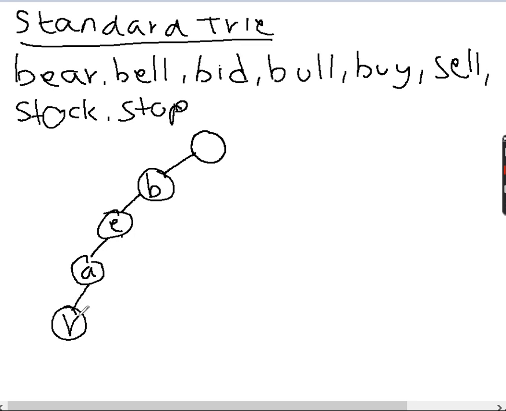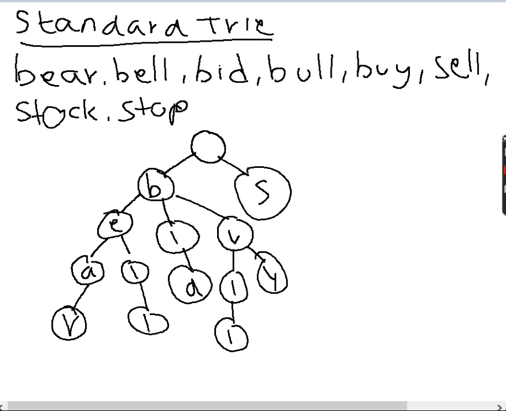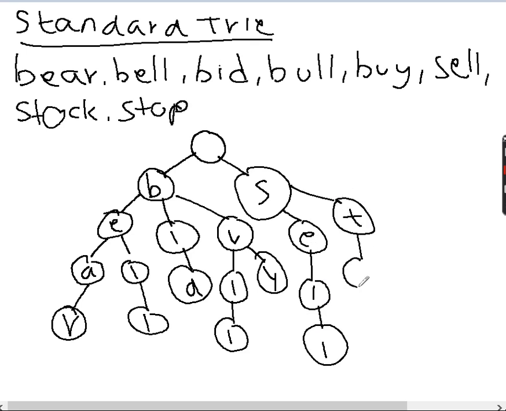Then Bell: B, E, L, L. Then Bid: B, I, D. Bull: B, U, L, L. Then Buy: B, U, Y. Then Sell: S, E, L, L. Then Stock: S, T, O, C, K. And then we have Stop. So that is a standard trie.